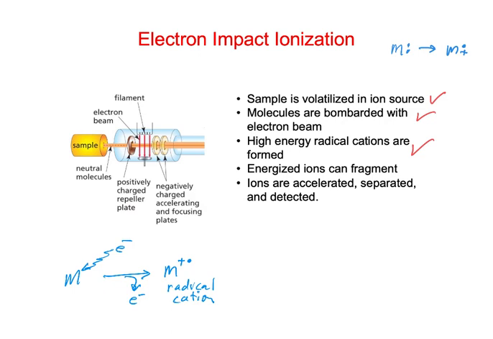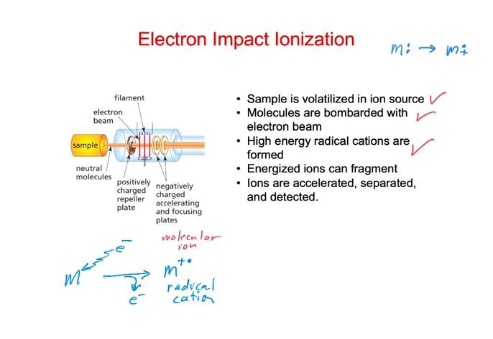Okay, so this radical cation here would be the molecular ion, because it's going to contain all of the atoms of the molecule with the most abundant isotopes for each of those atoms.